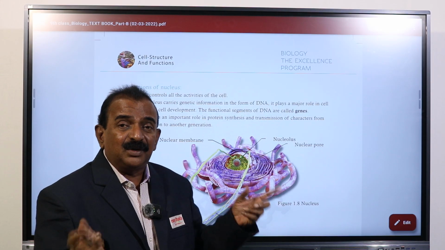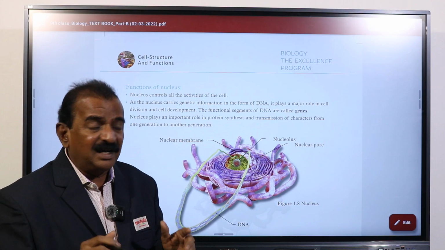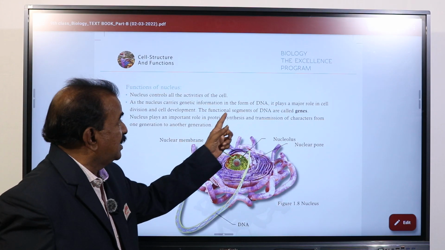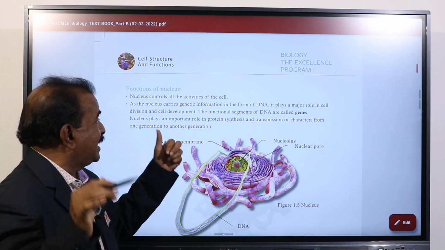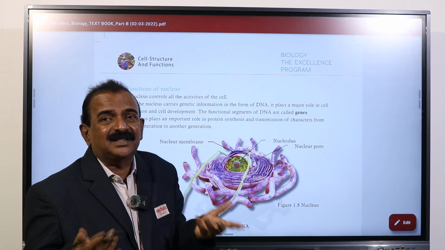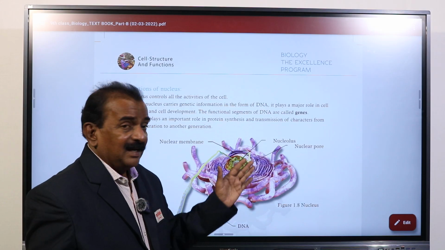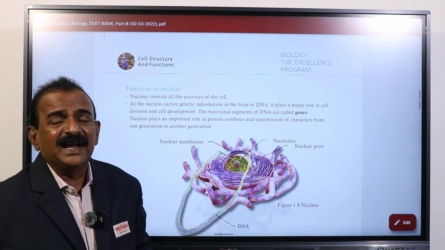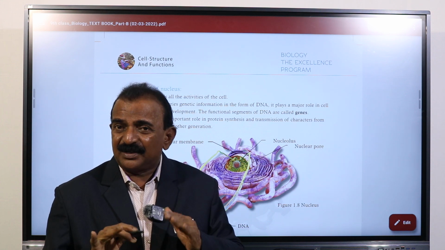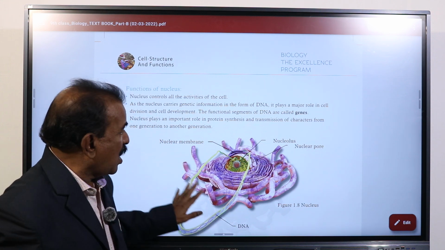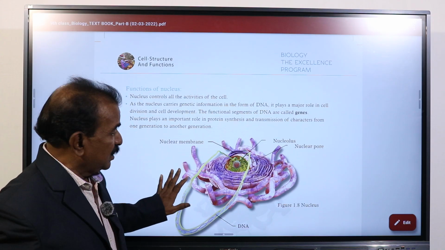The functional unit of a DNA is called gene. Nucleus plays an important role in protein synthesis, and it is also helpful in transmission of characters from one generation to the another generation. So all these are the functions performed by nucleus.